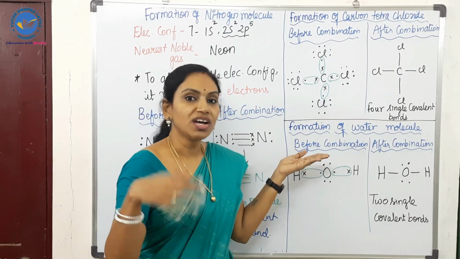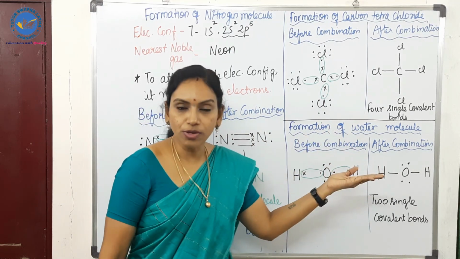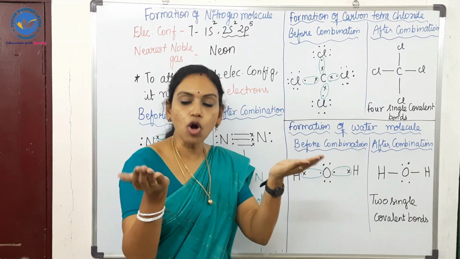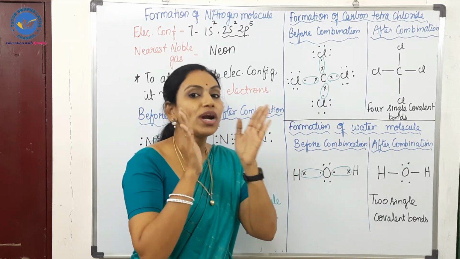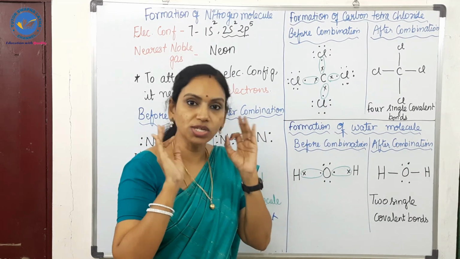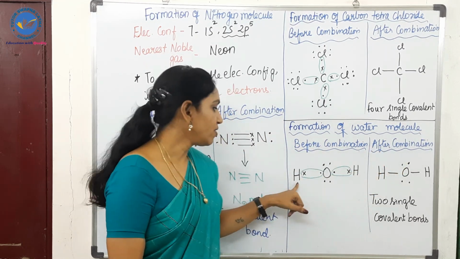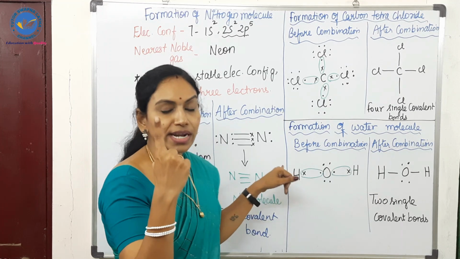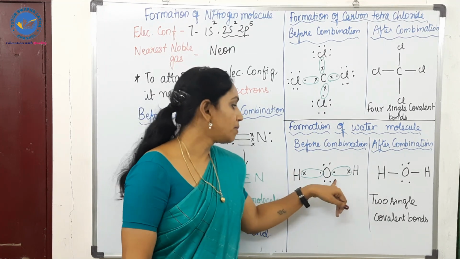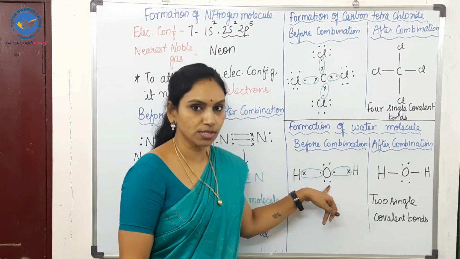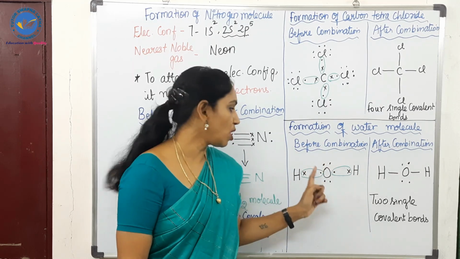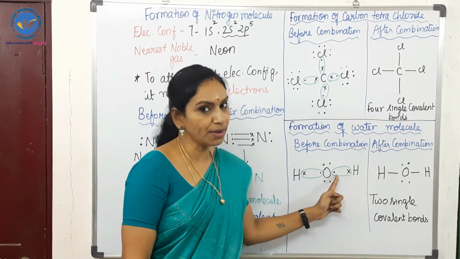Okay. Now the next example is the water molecule. When hydrogen and oxygen react, what type of bonds are formed? Covalent bonds are formed. Let's see. Before combination, after combination. We know that hydrogen has only 1 electron in its valence shell, but oxygen has 6 electrons. In it 2 are paired and 2 are unpaired.